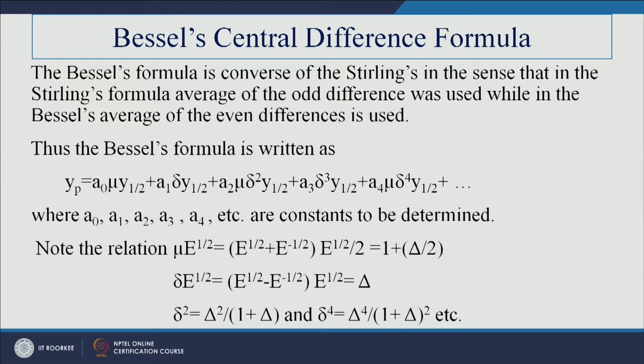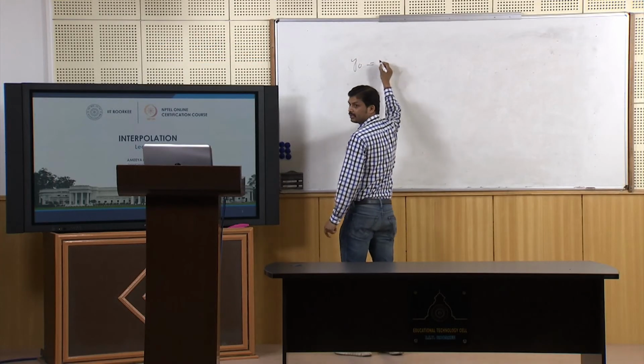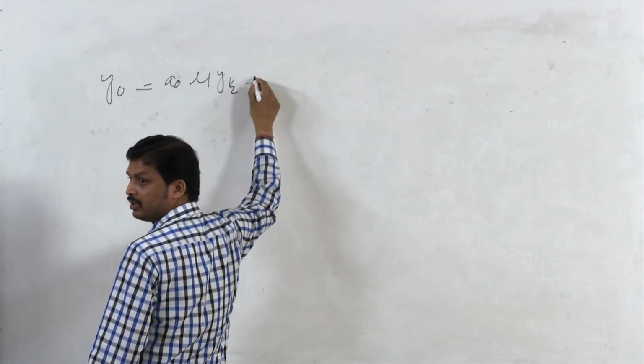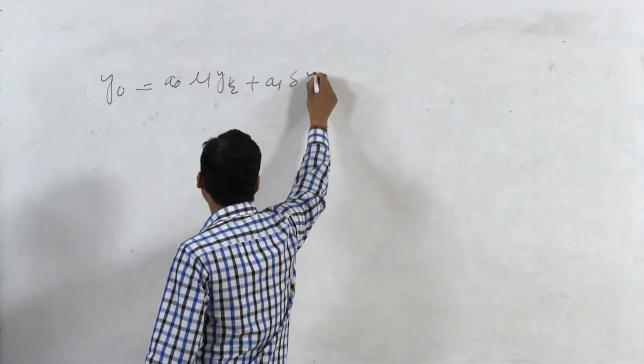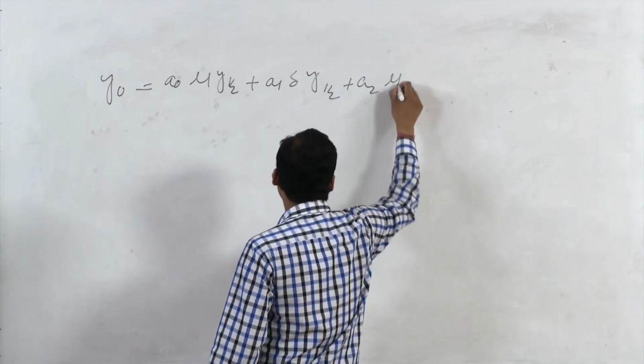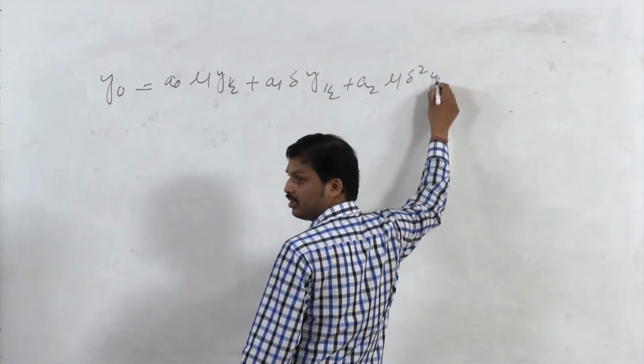Hence, this formula can be represented in the form of yp equals a0 mu y of half plus a1 delta y of half plus a2 mu delta square y of half.